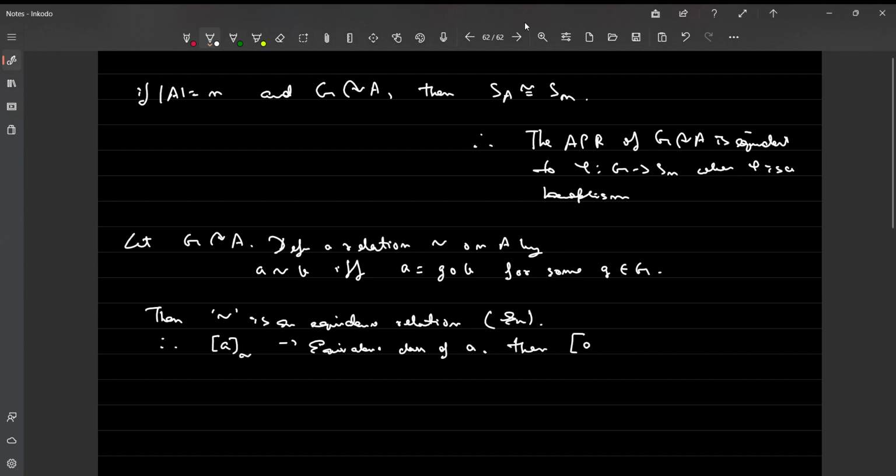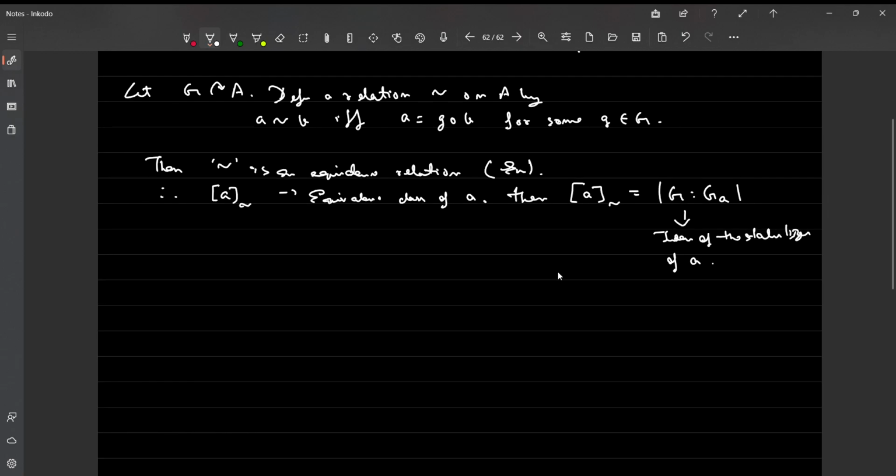Then the size of the equivalence class of A is nothing but the index of the stabilizer of A in G. Now this proposition can also be viewed with respect to any equivalence class containing A, because we know an important property of equivalence classes: either they are disjoint or they are the same.